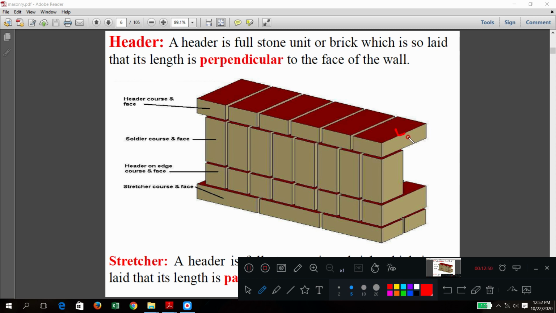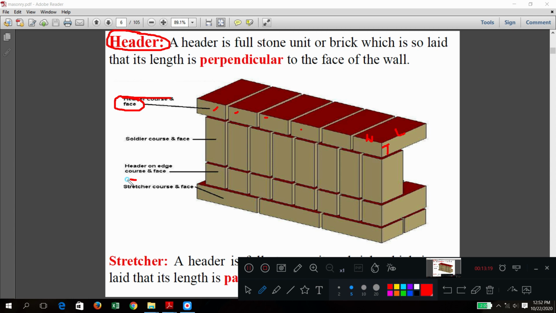That is why we call it perpendicular to the face of the wall, such that its width and thickness are visible, then we call it a header unit. And in that course, if all the units are headers only, then we call it a header course. The surface appearing for visibility, we call it the face.